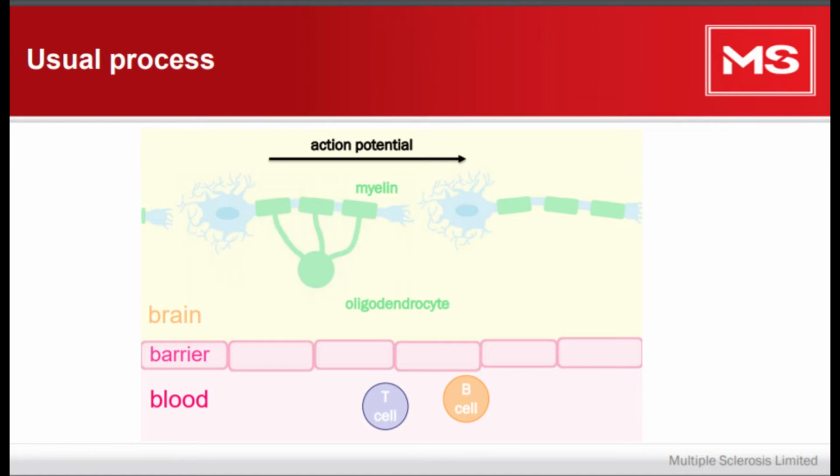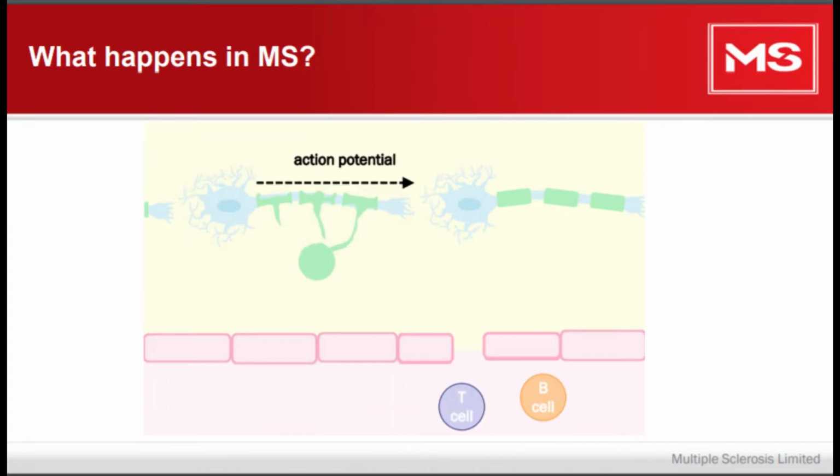So we have a gap in the blood-brain barrier, which shouldn't happen, but does in MS. And that allows some immune cells to come through, our T cells and our B cells, to now enter the brain where they shouldn't. They have an effect on the myelin and cause inflammation and demyelination. And this macrophage is part of our immune system that actually eats and engulfs things, and it's engulfing that oligodendrocyte there. So we see then that the myelin is affected in MS.